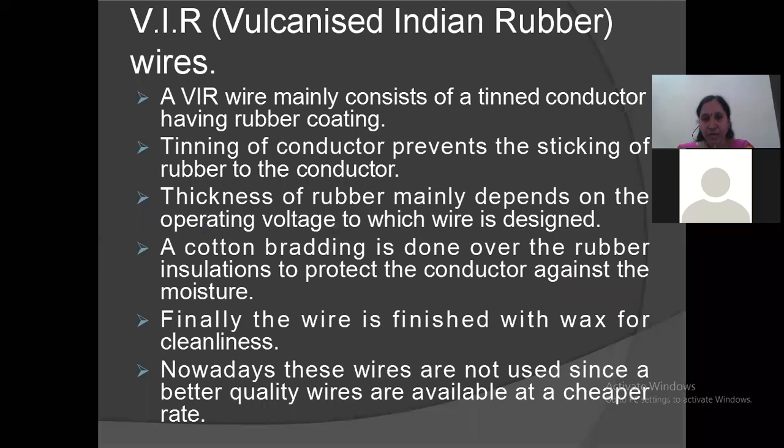The thickness of the rubber mainly depends upon the operating voltage for which the wire is designed. Cotton braiding is done over the rubber insulation to protect the conductor against moisture, which was already discussed. Finally, the wire is finished with wax for cleanliness. Nowadays, these wires are not used since better quality wires are available at a much cheaper rate.